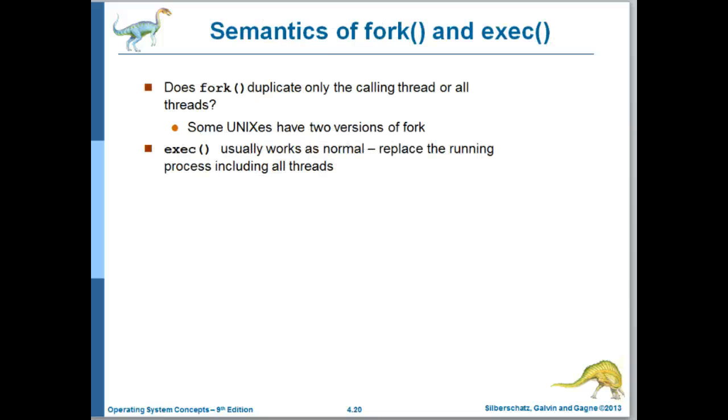So one question that a thread library designer would have to address is how fork behaves in a multi-threaded program. Does only the thread that invoked fork get duplicated, or do all of the threads get duplicated? And as pointed out, some Unixes have two versions of fork to cover both cases.